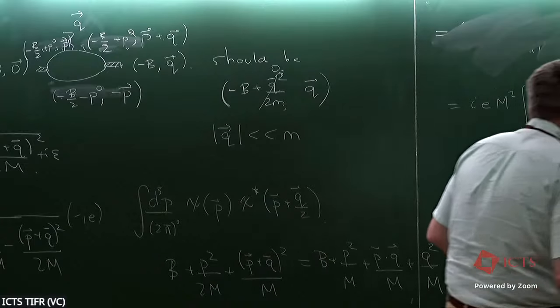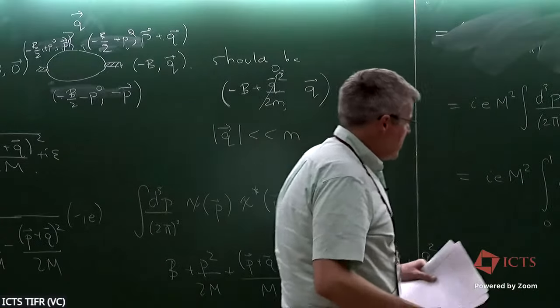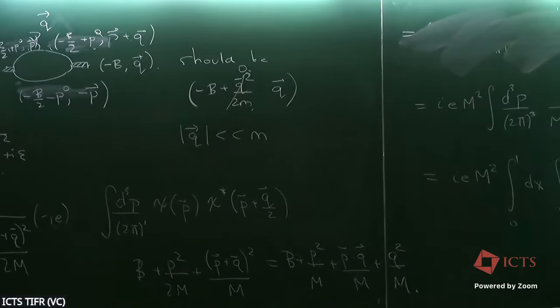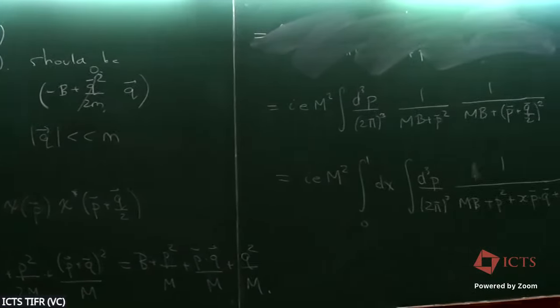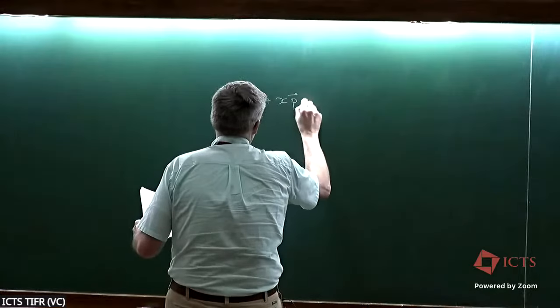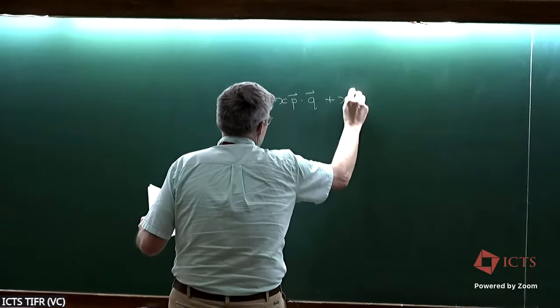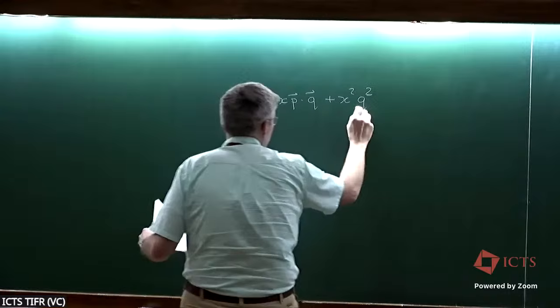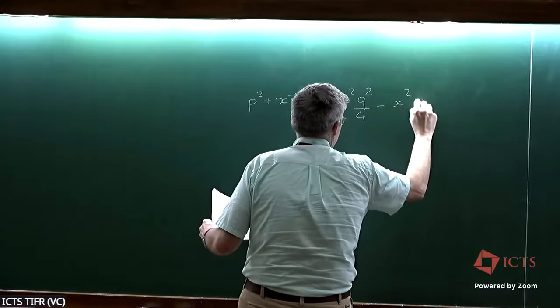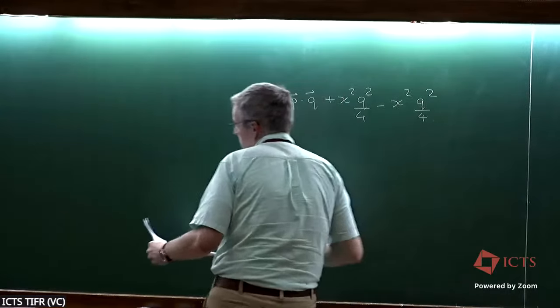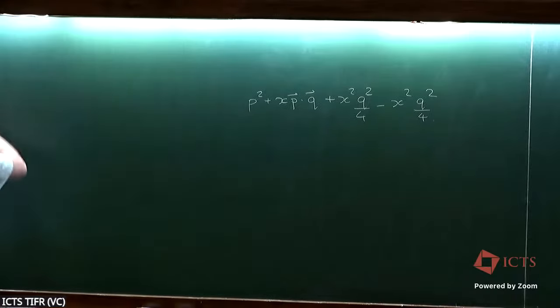So here, once again, we're going to do some completing of the square. So p squared plus x p dot q plus x squared q squared over 4 minus x squared q squared over 4 is how we want to complete the square.